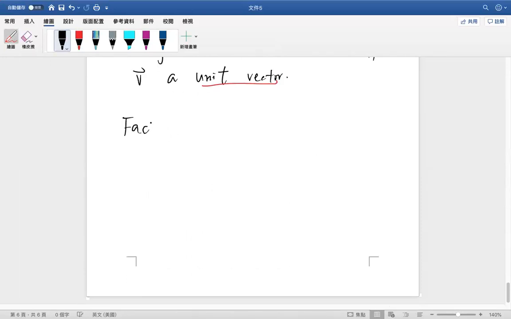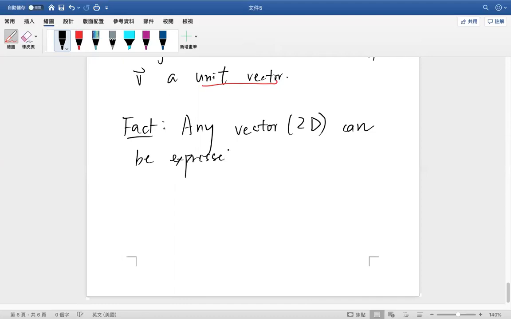The fact is, any 2D vector can be expressed as a i plus b j, where a and b are numbers.